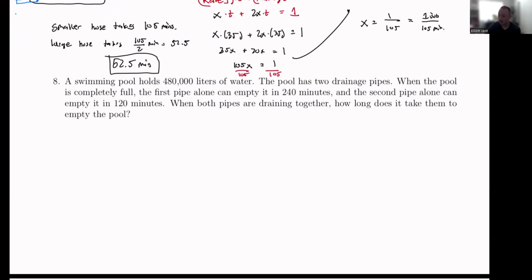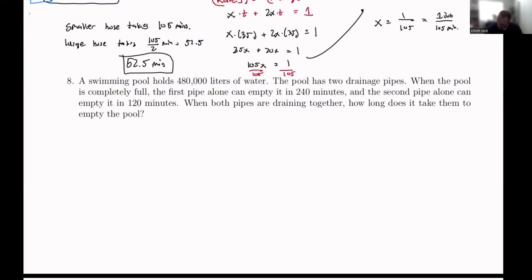Well, this is another work problem. Emptying the pool is the one job. So what are the rates of both of them? Pipe 1 rate and pipe 2 rate. Well, pipe 1 rate is what?